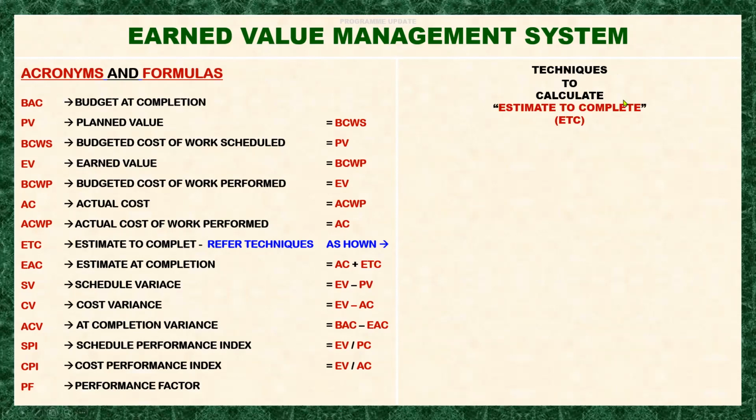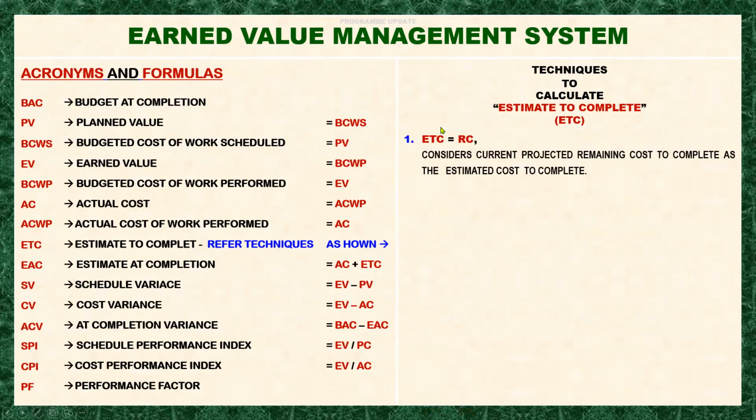Techniques to calculate estimate to complete. Okay, here is the first one. ETC equals RC, RC meaning the remaining cost. Remember that this RC is a property of the cost of the project, and this ETC is the earned value terminology. So here we will be using the remaining cost.